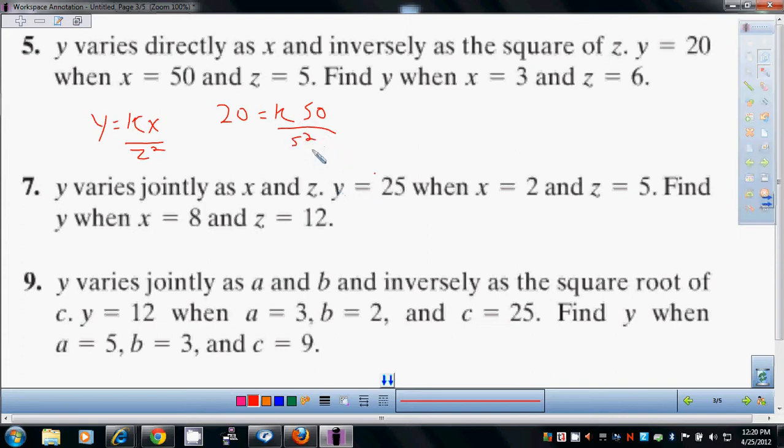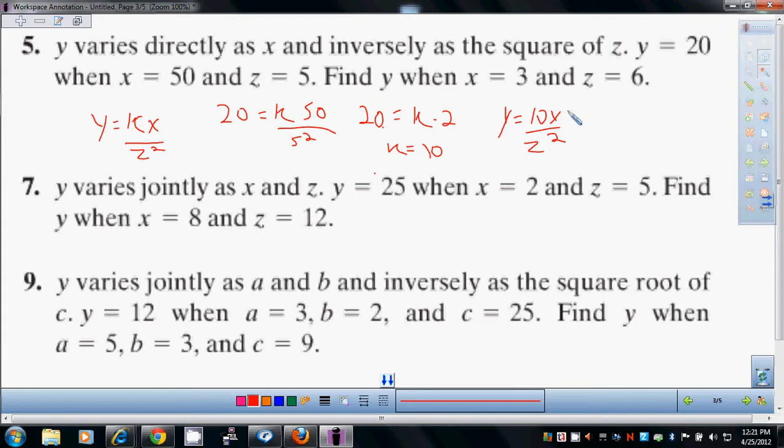Well, I guess we should go ahead. So 50 over 25 is what, 2? So that's what that would reduce to. So divide by 2, and what is k? 10. So your new equation, and then you can plug in the last bunch of numbers and solve for your new y.